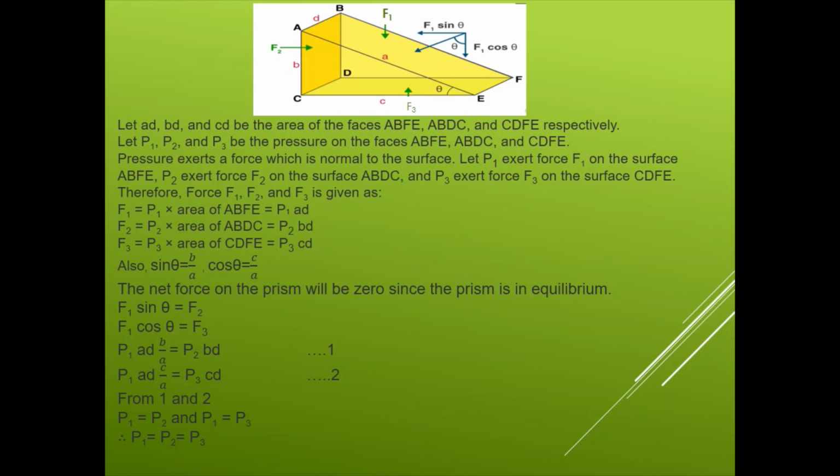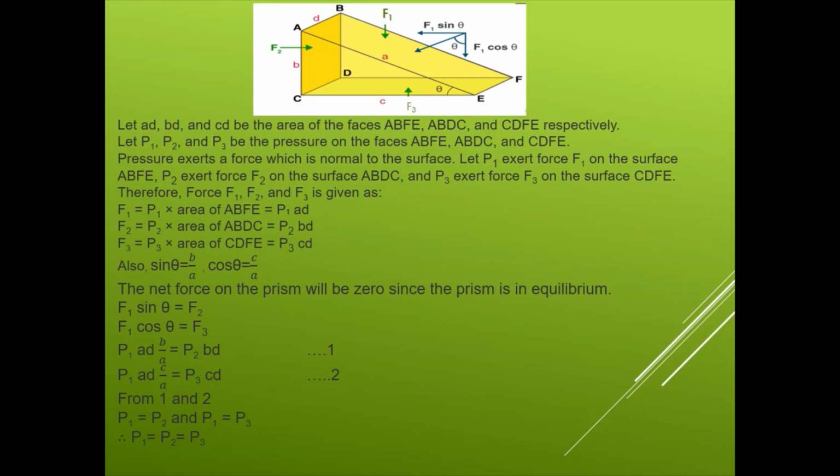Therefore, forces F1, F2 and F3 are given as F1 equals P1 multiplied by area of ABFE, and this is equal to P1 AD. AD is the area of face ABFE. Now F2 is equal to P2 multiplied by area of ABDC, and this is equal to P2 multiplied by BD.